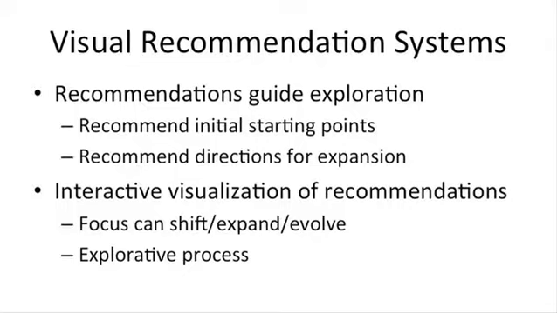For a visual recommendation system, we want to go a step further than that. We want to not only show an initial list of what's interesting, but as the user explores this further, we want to modify that focal point and recommend additional directions for expansion. So we want to say, okay, if you're interested in this direction, we'll throw away the other directions and focus more on what's relevant to what you're looking for.